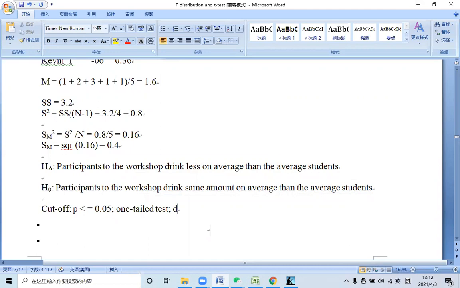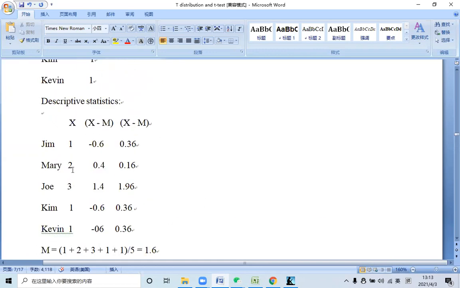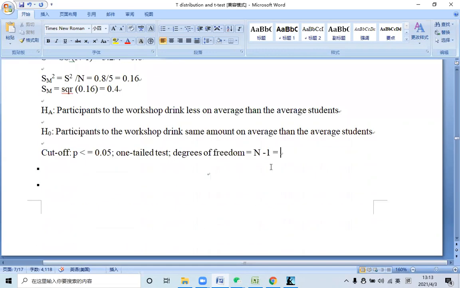And what is the degree of freedom? n minus 1. In the sample, we had 5 people. So 5 minus 1, that's 4. Degree of freedom of 4. Once we get this information, we know the cutoff t-value.